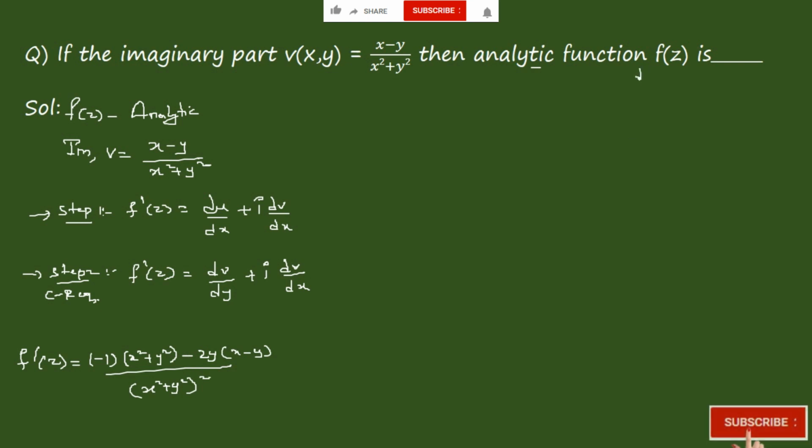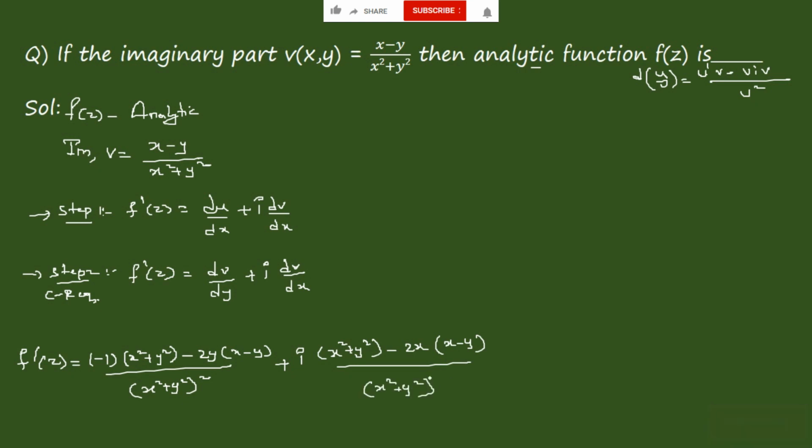We know that differentiation of u by v is equal to u dash v minus v dash u by v square, right? Same thing I have done, plus i into, now with respect to x, it becomes x square plus y square into 1 minus 2x into x minus y, by x square plus y square whole square, right? We got these particular values.